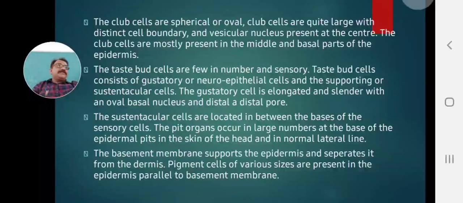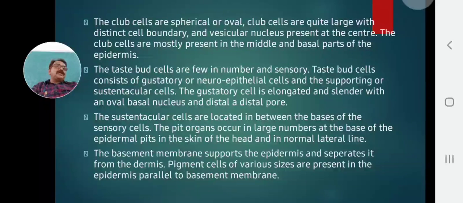With this, all parts we have seen. The first part of the skin is the epidermis. Epidermis is the outermost, protective layer. It is made up of a complex sheet of tissue.